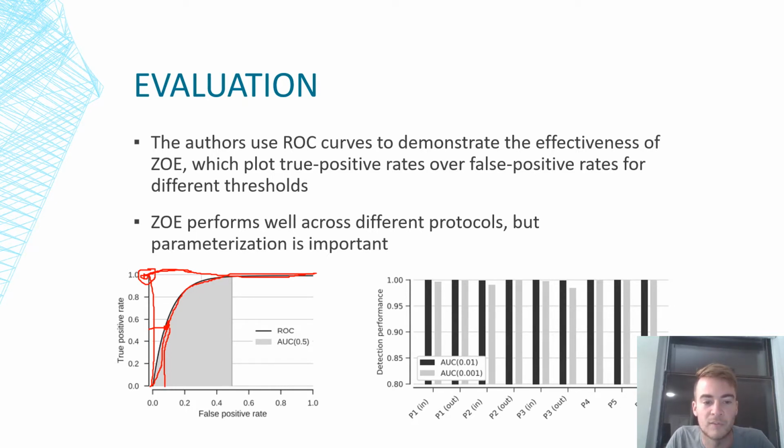The area over here to the left of the curve represents area where you're getting a lot of false positives before you're getting a high true positive rate, whereas area directly above the curve represents area where the true positive rate isn't able to climb all the way up to the top. So even as you increase the threshold and you're getting more false positives, you're not getting much more true positives.